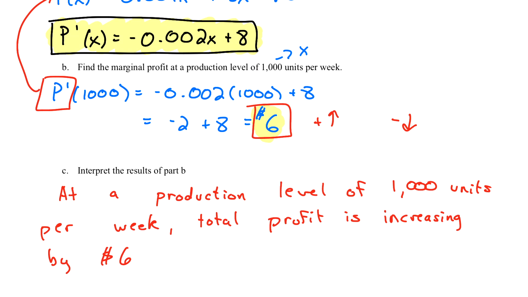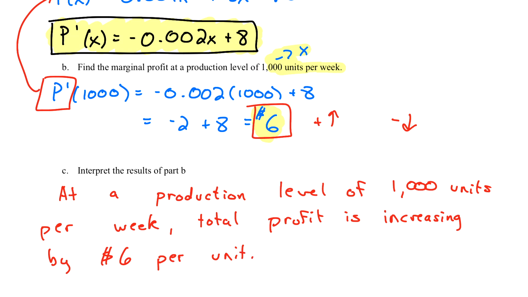Is it every week, every month, every year? For that, it's going to depend on what your X value was. Well, X was the number of units that I manufacture in a week. So I'm going to say that the total profit is increasing by $6 per unit that I manufacture.